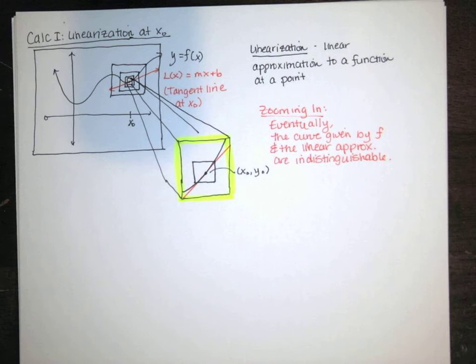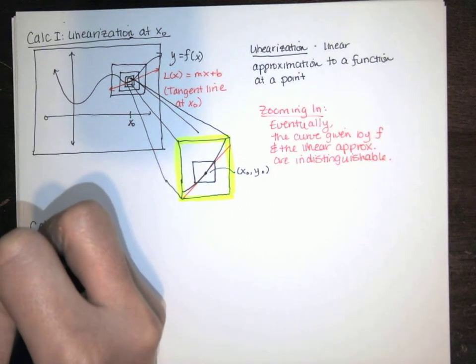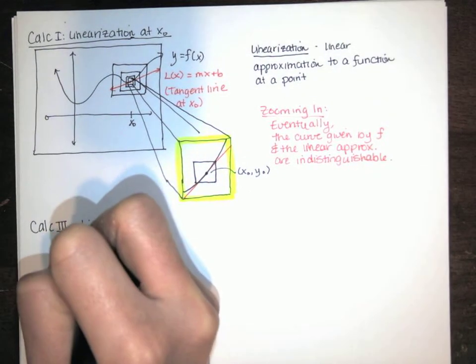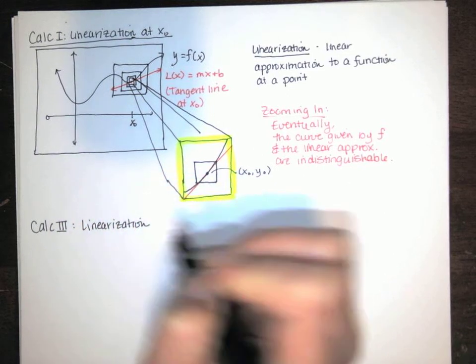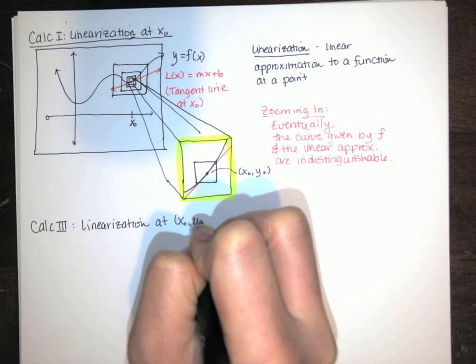They gave you a complicated formula, or something that looked relatively complicated in Calculus 1, but really it was just a tangent line. It was something that you had been calculating for a long time. No big deal. Can you imagine what the Calc 3 version of that is? I hope you said tangent plane, because that's exactly what it is.